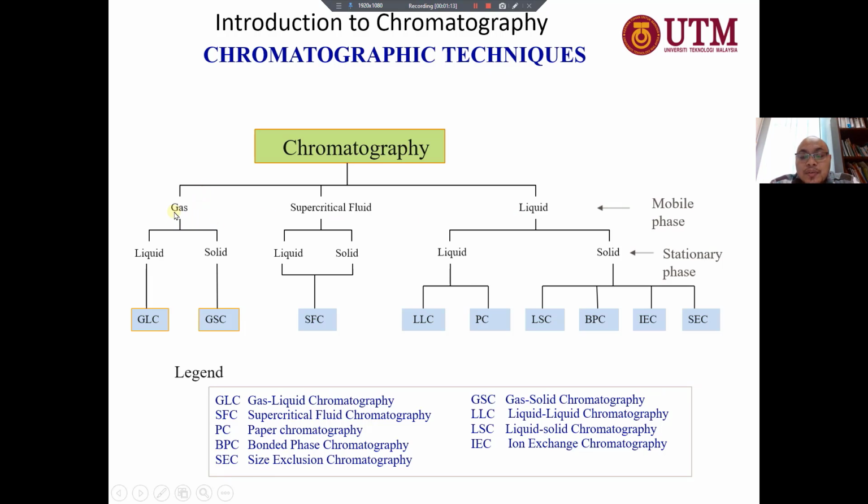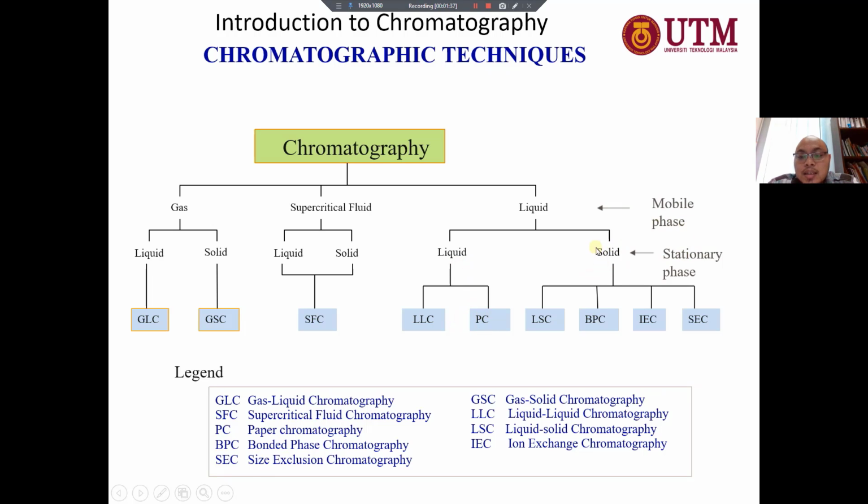In gas chromatography, the stationary phase can be liquid or solid. It can be further named GLC or GSC, gas liquid chromatography or gas solid chromatography. For liquid chromatography, there is liquid chromatography or paper chromatography.